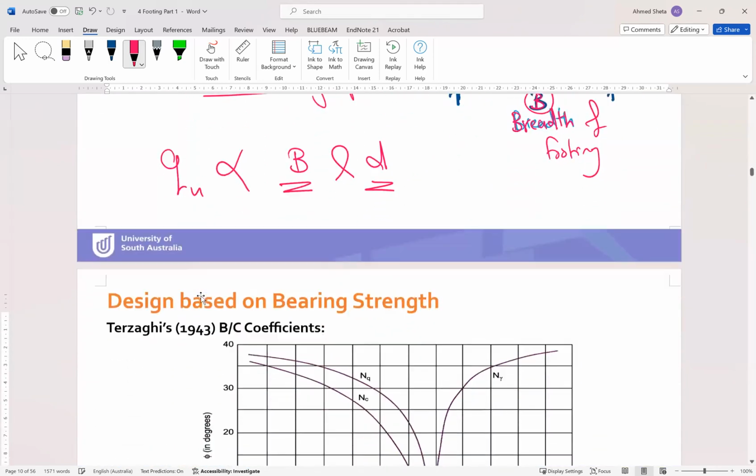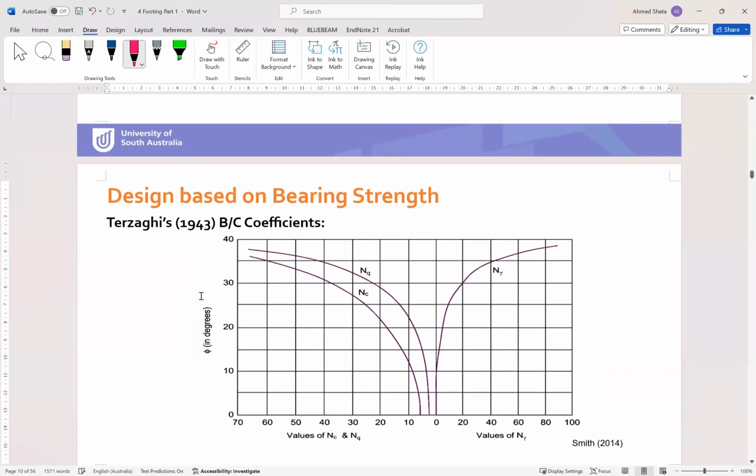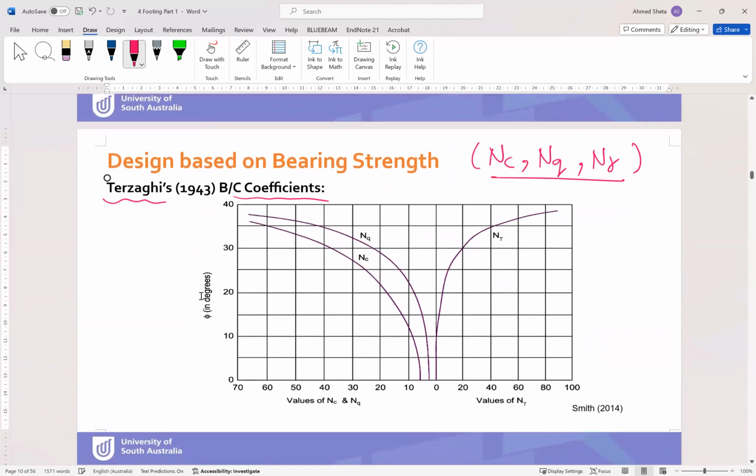Okay, so the next slide is how to find the parameters or the coefficients Nc, Ngamma, and Nq. These can be called Terzaghi coefficients. These Terzaghi coefficients can be calculated using equations or using this chart.